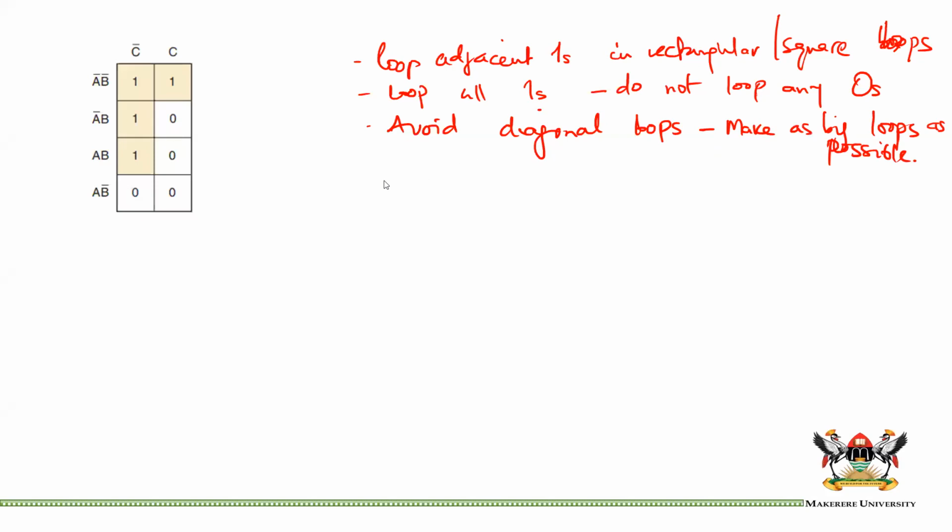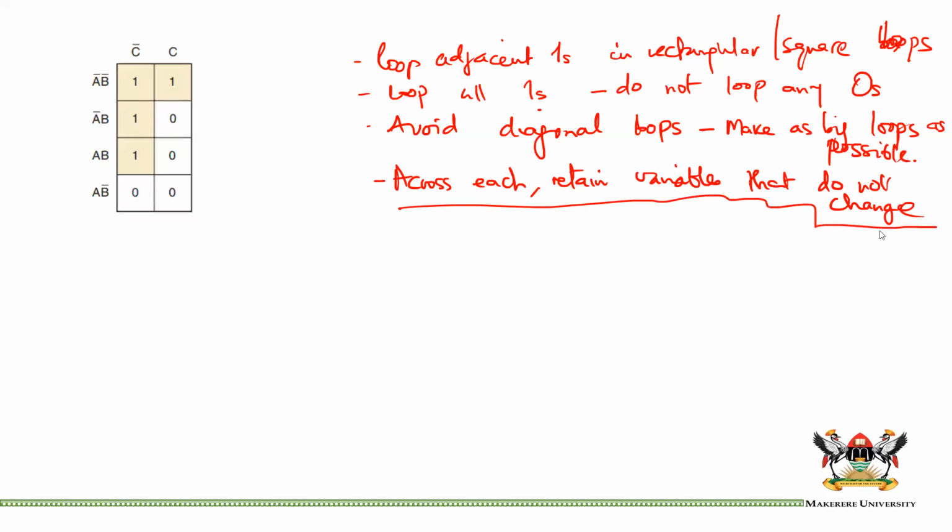So 5 and 6, for us to extract the equation, across each loop, retain variables that do not change. And I think this last one is the statement that probably is confusing you guys.